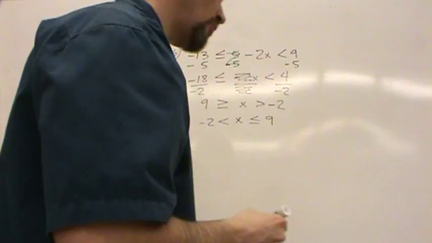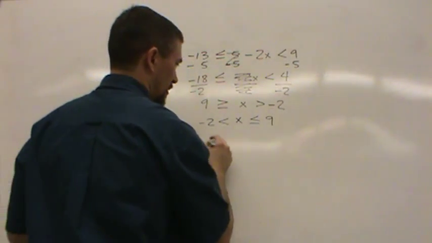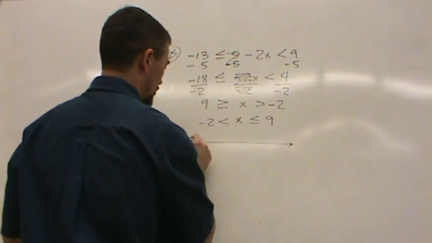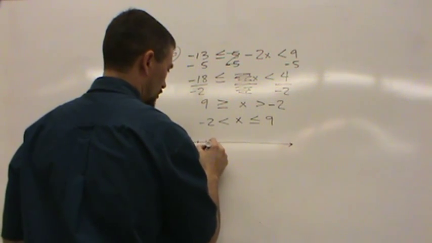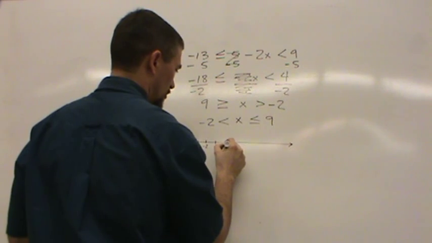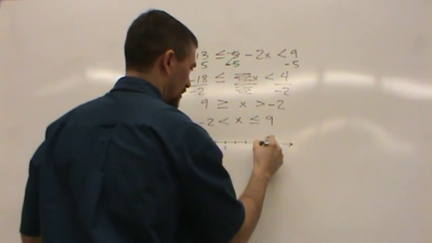And does 25 ask you to graph it? No. But if you were to graph it, it would be much easier. Negative 4, negative 2, 0, 2, 4, 6, 8, 10.